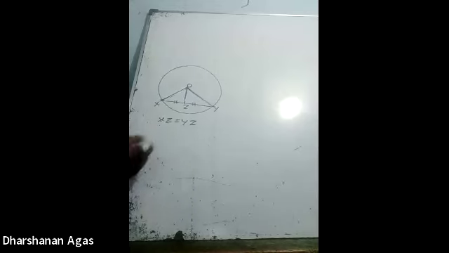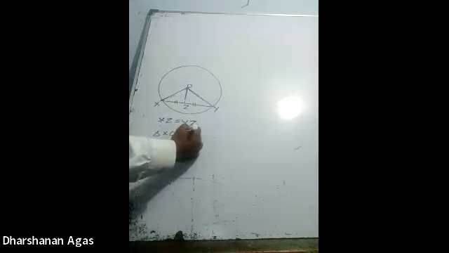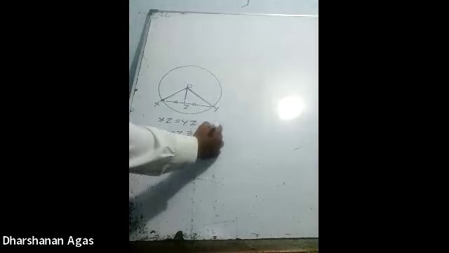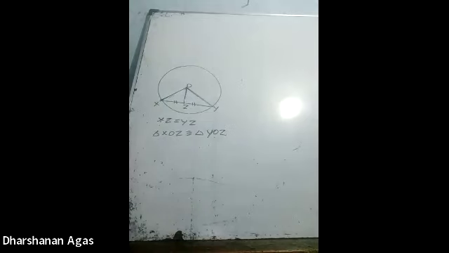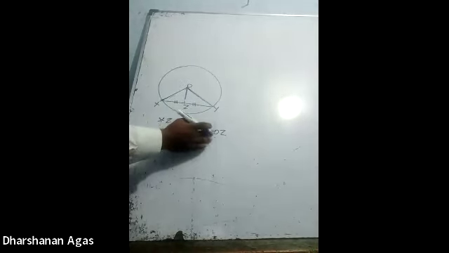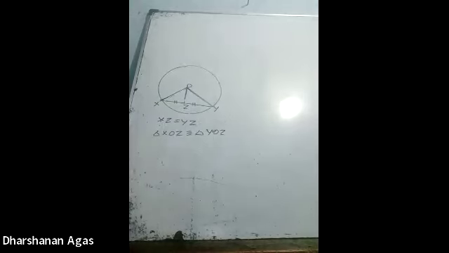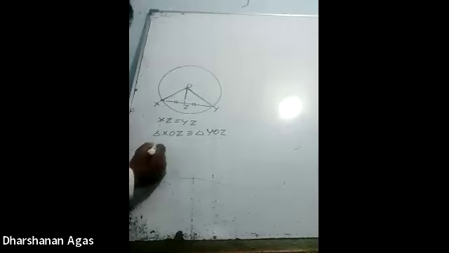Show that, or prove that, triangle XOZ is congruent to triangle YOZ. How to show, students? The usual method, right?